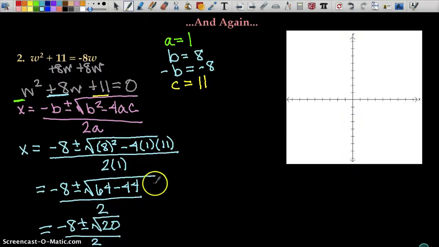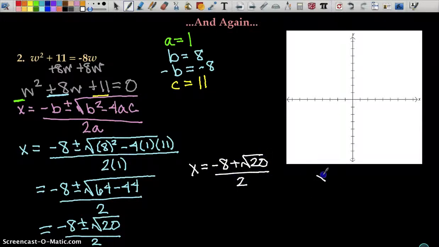Now 20 is not a perfect square, so at this point I'm going to go ahead and split this into two equations. X equals negative 8 plus the square root of 20 over 2, and then x equals negative 8 minus the square root of 20 all over 2. Alright, now remember when you're doing this in your calculators, you always simplify the numerator first.